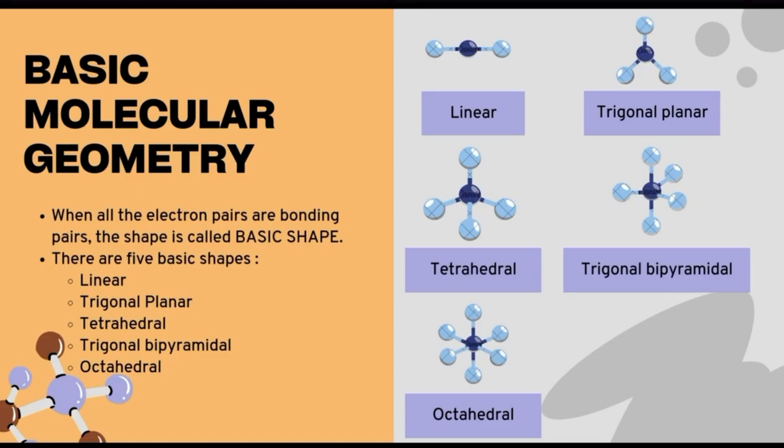So there are 5 basic molecular geometries, which are linear, trigonal planar, tetrahedral, trigonal bipyramidal, and octahedral. Linear is for 2 bonding pairs, trigonal planar is for 3 bonding pairs, tetrahedral is for 4 bonding pairs, trigonal bipyramidal is for 5, and octahedral is for 6 bonding pairs. So you can see the shapes in this diagram.